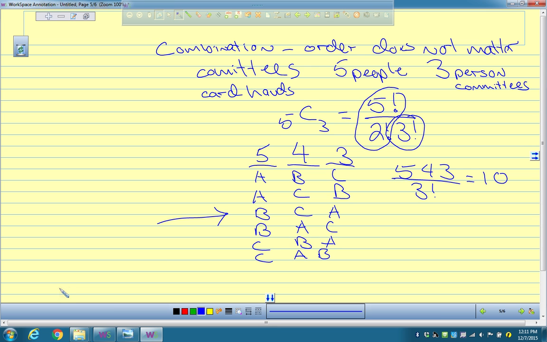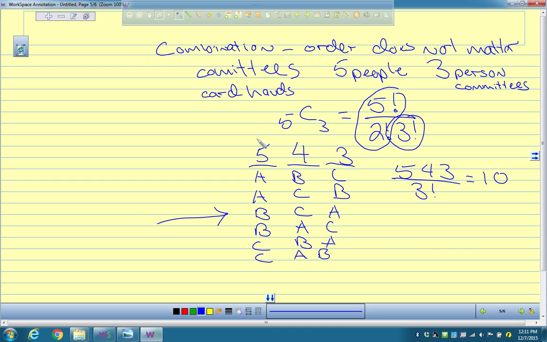Yeah, someone had a question? Yes, sir. Aren't there 5 people? Yeah. Isn't there like, if there's 5 people, wouldn't there be an A, B, C, and a D? No, only 3 people can be picked. Good. So this is one instance, right?